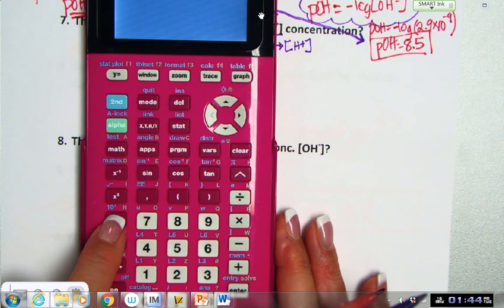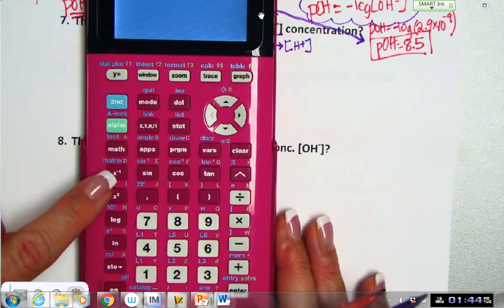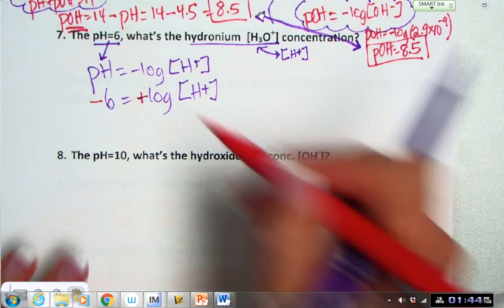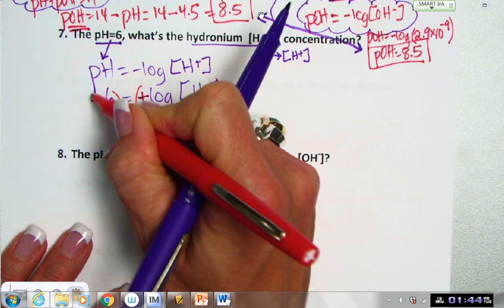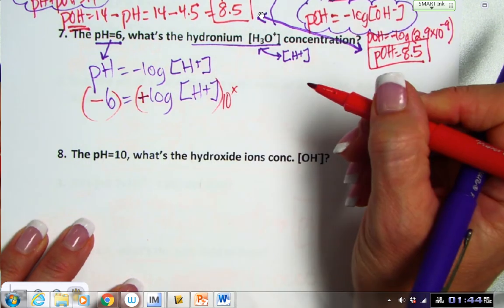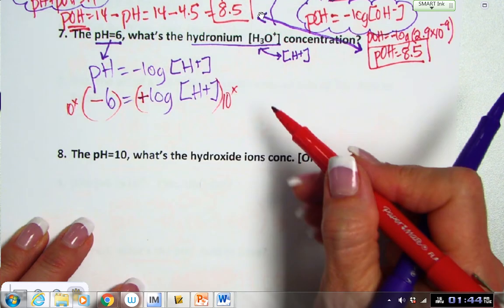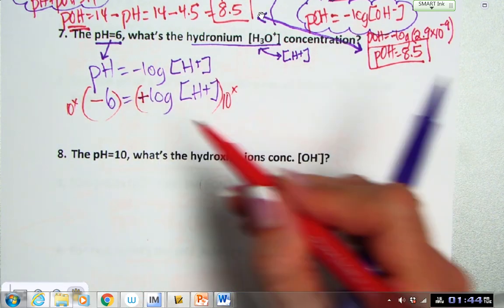Well, that's antilog. So to access that, we're going to hit second log. But on your paper, to show your work, you're going to say 10 to the x, or the inverse log, 10 to the x.